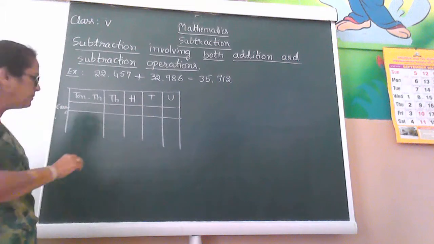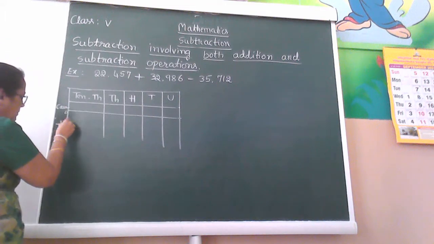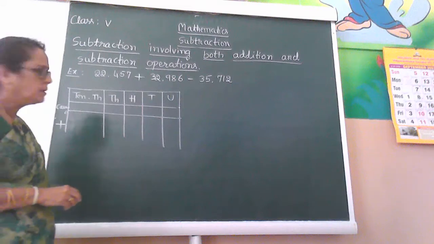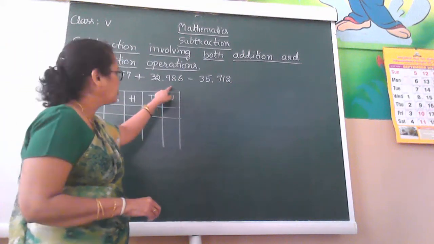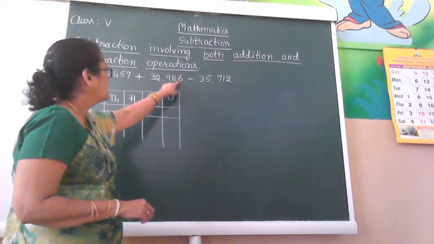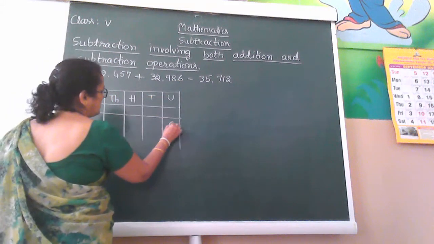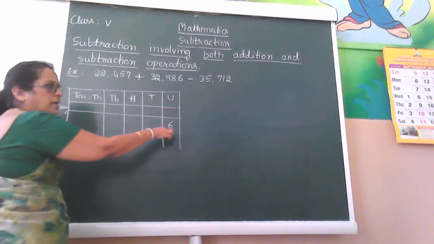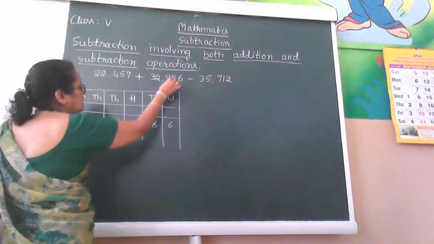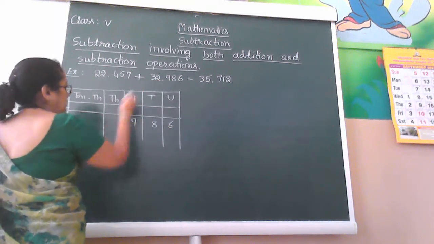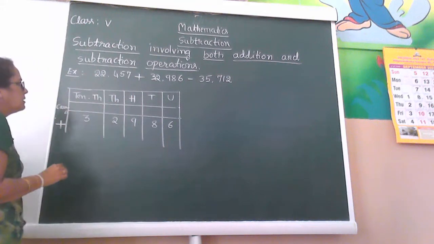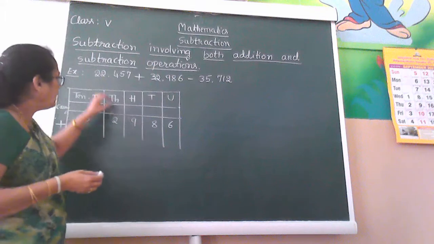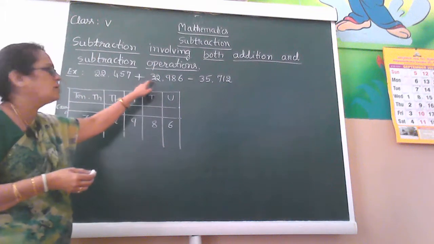While adding, we have to put plus mark also. Now write the given two addition problems. First we write 6. It is in unit place, 8, then 9, 2000's place, and 3 in tens place. Either you can write this first or this one.